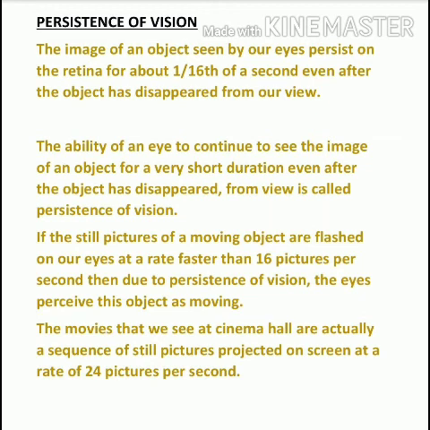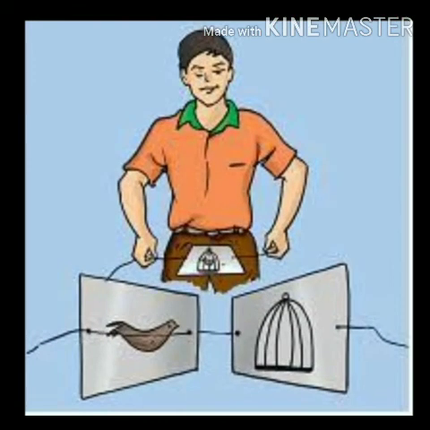This can be made more clear by this activity. What you have to do in this activity? You have to take a square piece of cardboard and on one side draw a picture of a bird and on the other side, the back side, draw a picture of a cage. Make 2 holes at the edges and pass a string, a thread, through them.